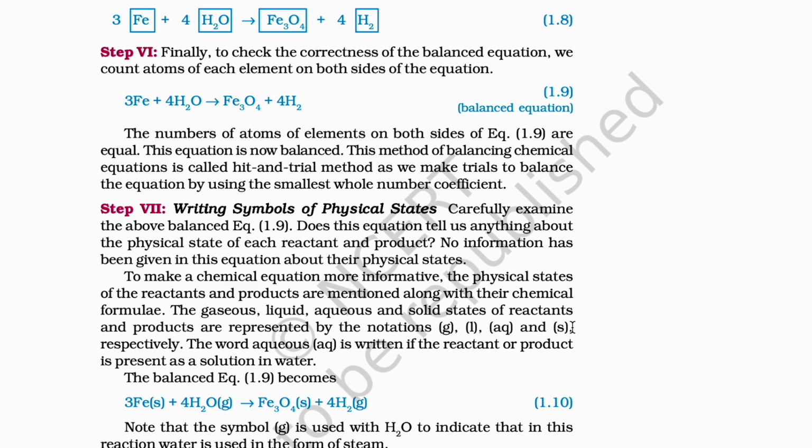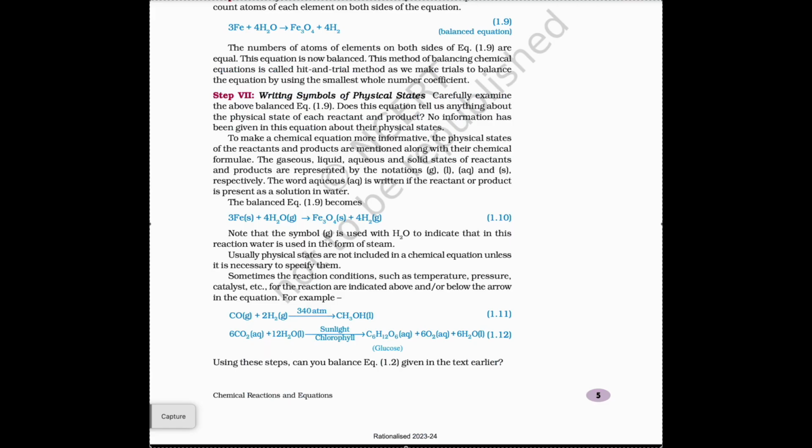(aq), and (s), respectively. The word aqueous (aq) is written if the reactant or product is present as a solution in water. The balanced equation 1.9 becomes 3Fe(s) + 4H2O(g) converts to Fe3O4(s) + 4H2(g).